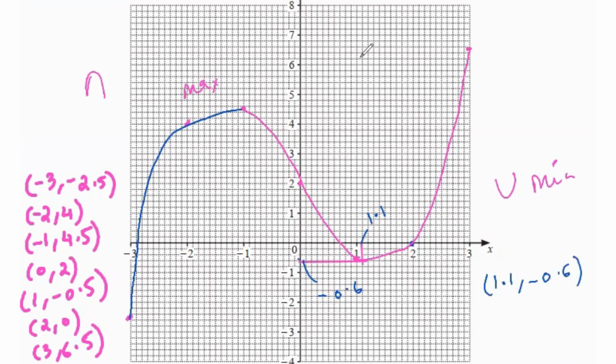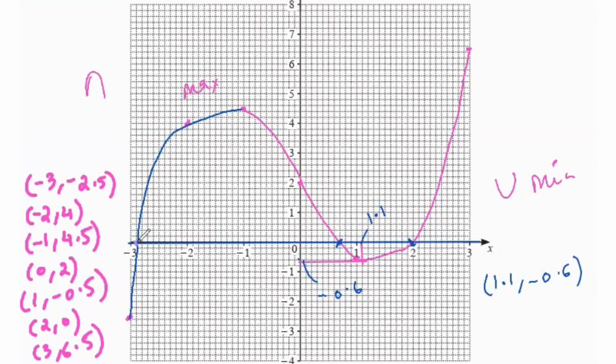And they said to find the values from the graph when the equation is equal to 0. So draw a line at y equals 0, which is this. At y equals 0, we're getting 3 values over here. x equals 2, x equals 0.7, and x equals -2.9.